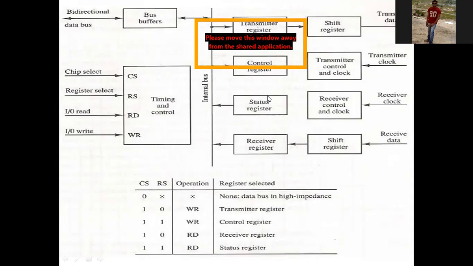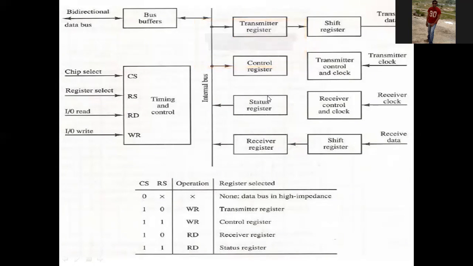The supporting registers which we use here are the shift register and some of the timing and control unit registers.